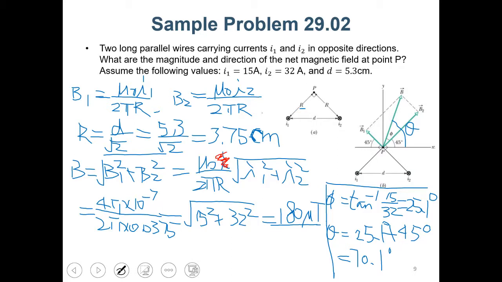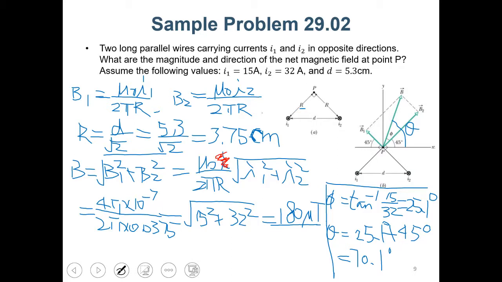So actually, you know B1 and B2 are perpendicular to each other, so you can rotate your axis so that you only find the sum of squares and the square root, and you calculate the phi of that in that coordinate, and you add 45 degrees.